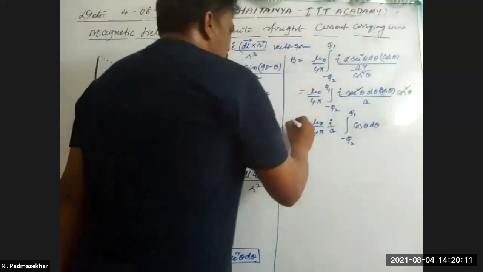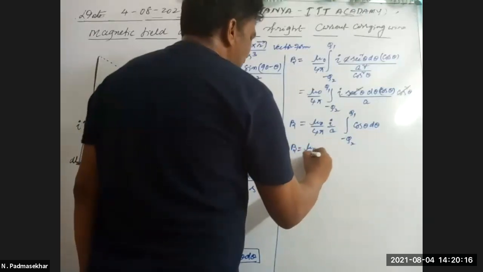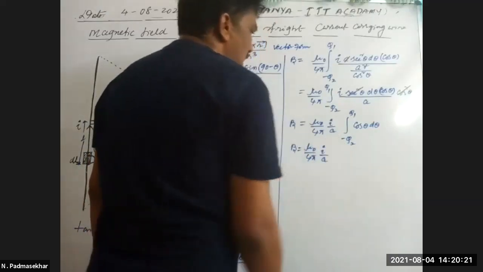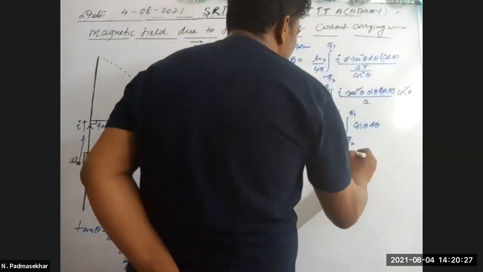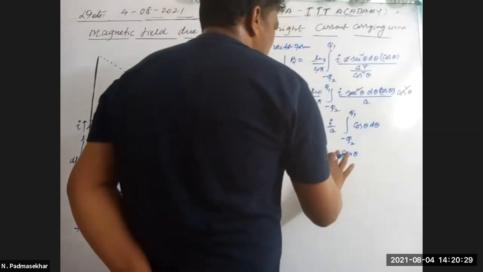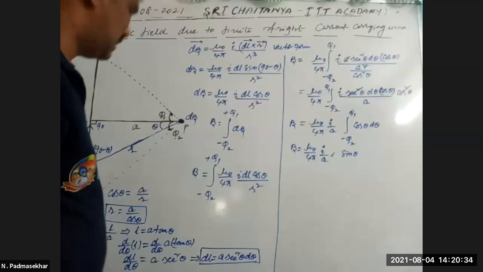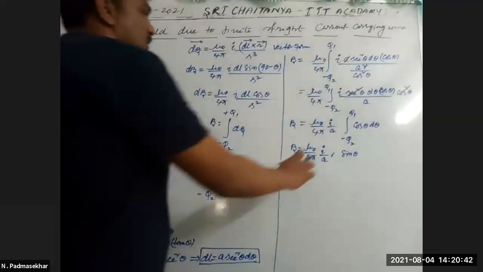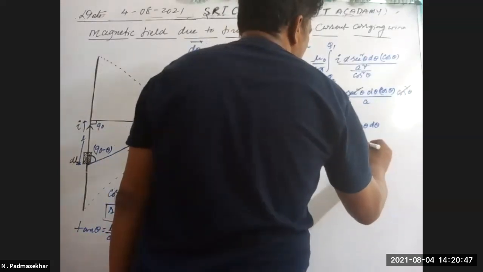And see here, this is the magnetic field. B is equal to mu naught by 4 pi, I by A. Integration of cos theta is sin theta. Okay, so integration of cos theta is sin theta, from minus phi 2 to phi 1.